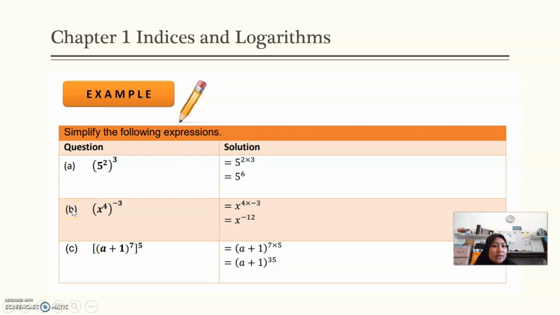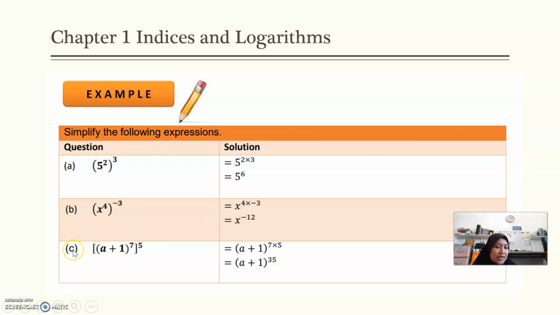Next example, x power of 4, all power of minus 3. So we can write x power of 4 multiplied with minus 3, and we will get x power of minus 12.